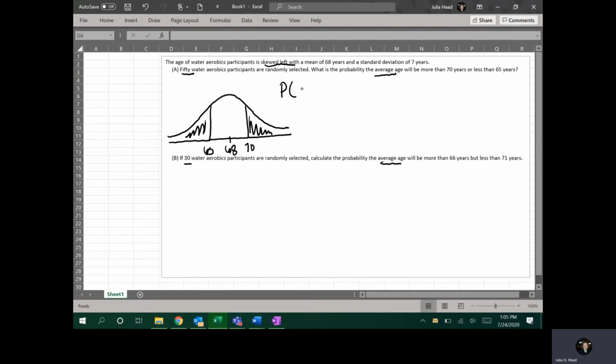So we're looking for the probability that not x, but x bar is less than 65 or x bar is greater than 70. And we'll use the addition principle. And then we'll also use the complement rule, and I'll use that while I write out my Excel commands.